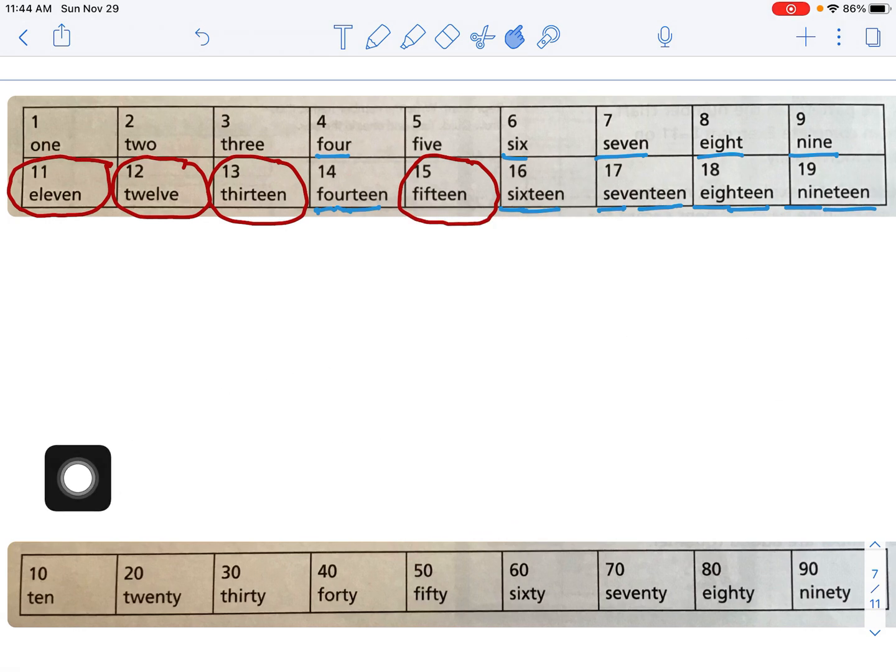we can see down here that we have 10, 20, 30, 40, 50, 60, 70, 80, and 90.